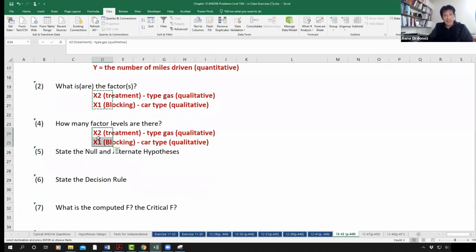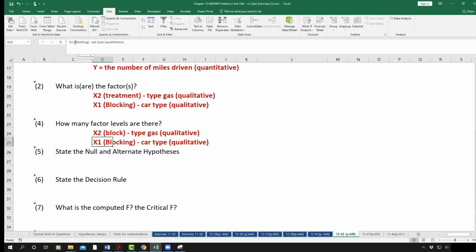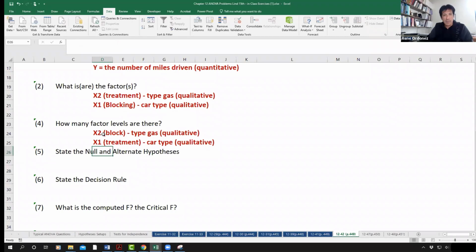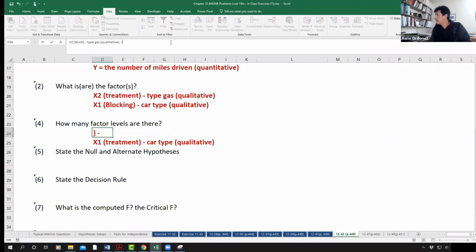So how many levels are there for the treatment? There's 3. Okay. For the block, you said, was that Iridium or? No, it's Hannah. Oh, Hannah. Okay, I said 3.